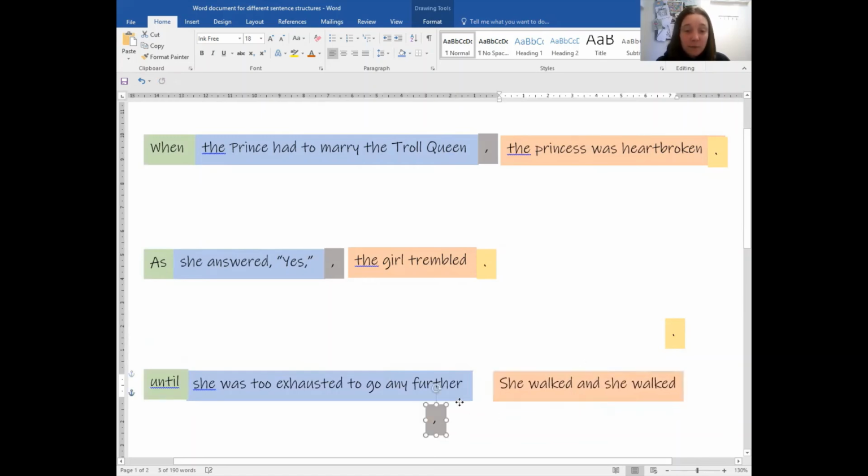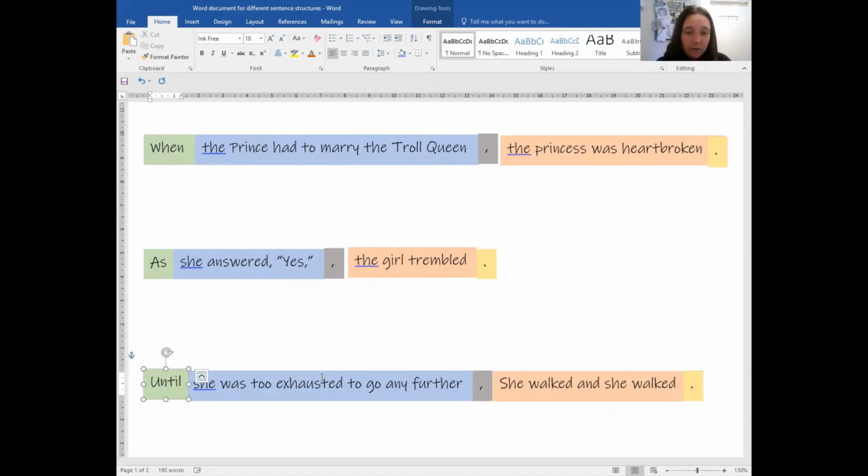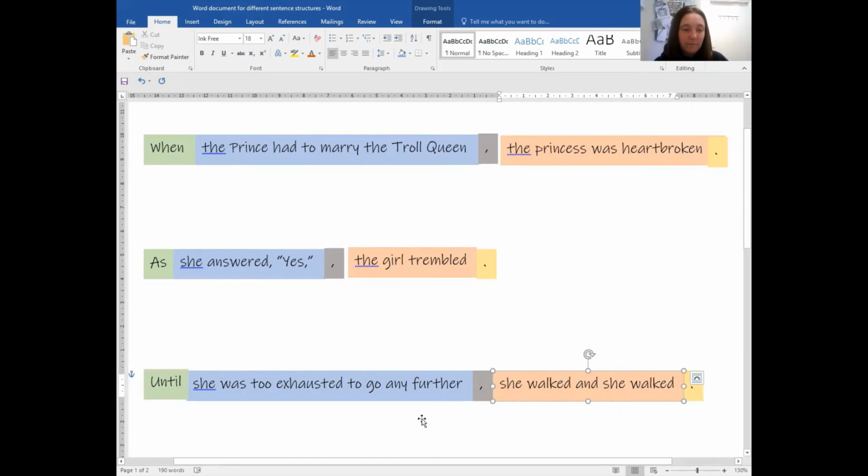The most important part that you'll probably find a little bit tricky today, but you need to remember, is popping that comma to separate the subordinating clause from the main clause. And I'll quickly correct the capital letters so that it's accurate. Until she was too exhausted to go any further, she walked and she walked.